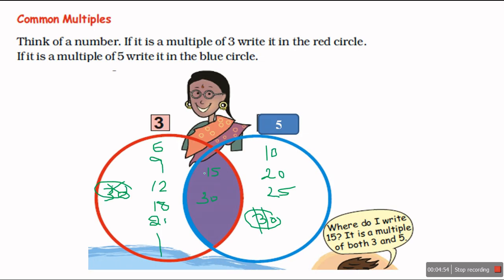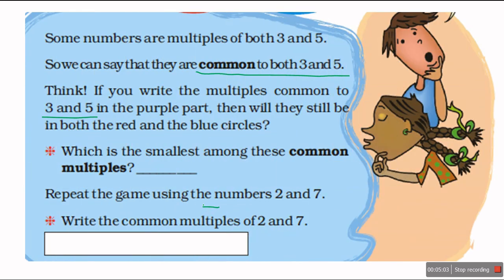If I write any number in this purple part, it is in the red circle as well as in the blue circle. Which is smallest among common multiples? 15 was the smallest among common multiples.